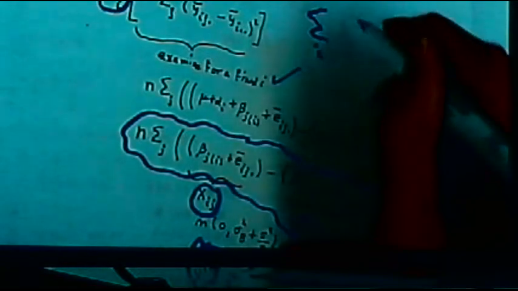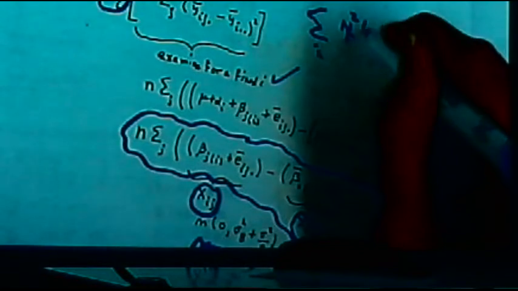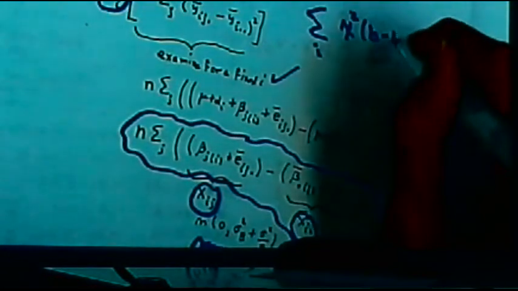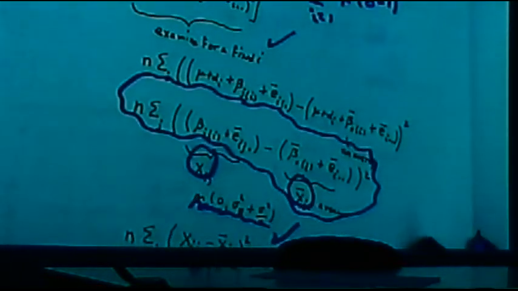So now what I'm looking at is a sum on i of a bunch of chi-square b minus 1 terms. i goes 1 to a, of course. So if we add up the degrees of freedom on the sum of these chi-squares, we get, as it's written down below, degrees of freedom a times b minus 1.